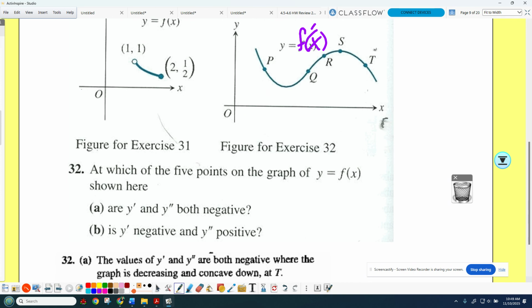Now if it's the first derivative, where is f double prime greater than 0?